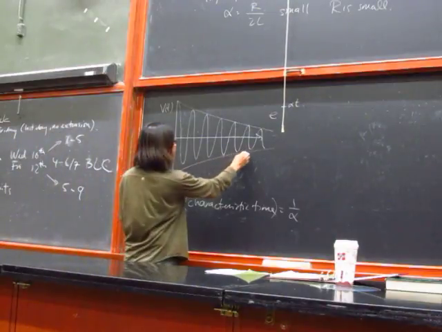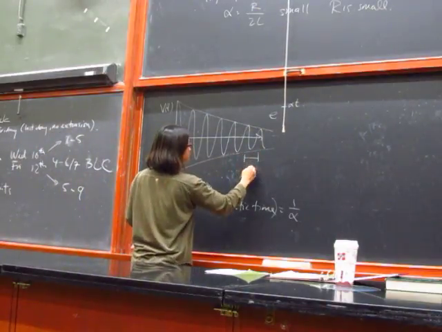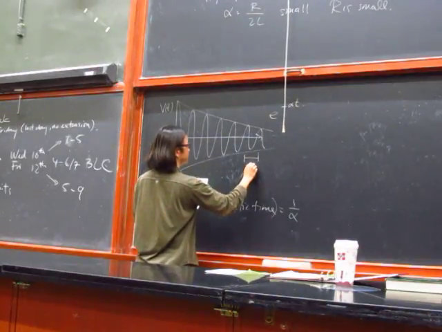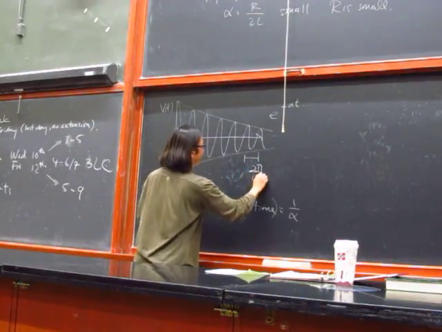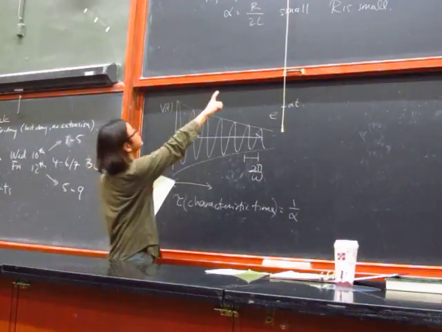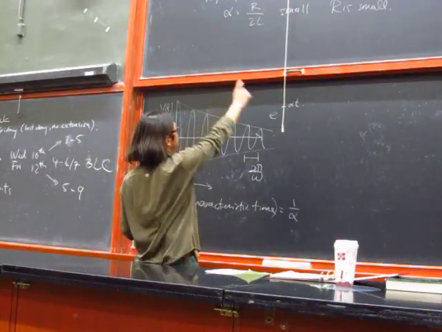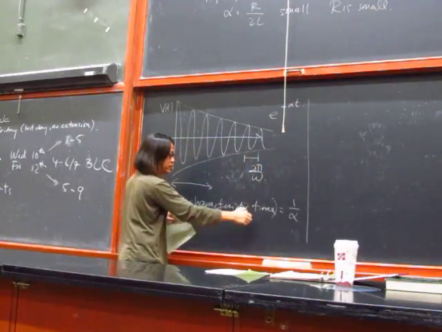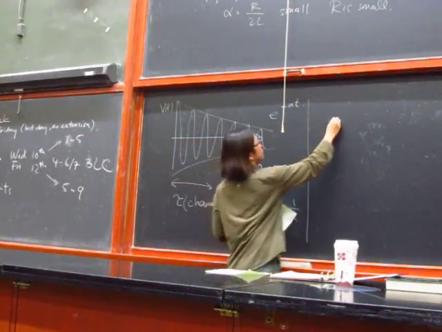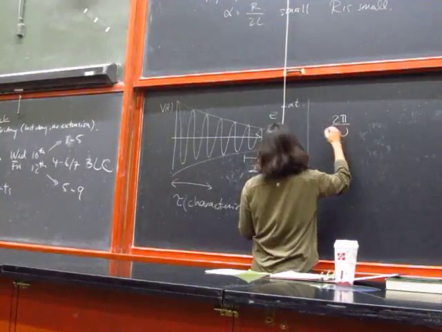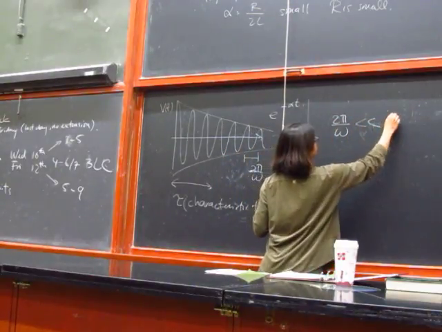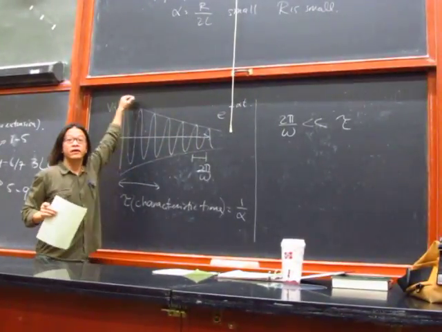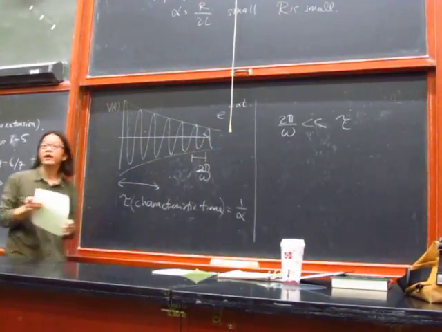And then the period between oscillations is 2 pi over omega. In this case, the situation of light damping means that this period is much smaller than tau: 2 pi over omega is much smaller than tau. You have many oscillations as this decays.